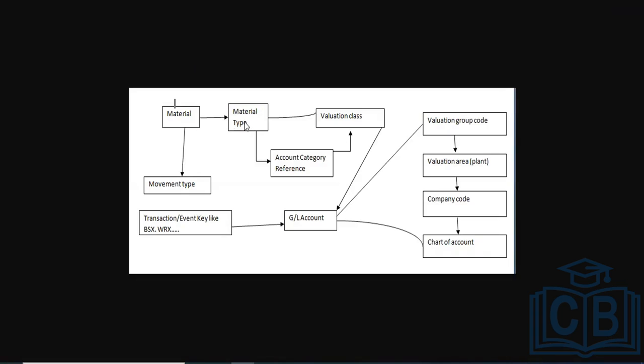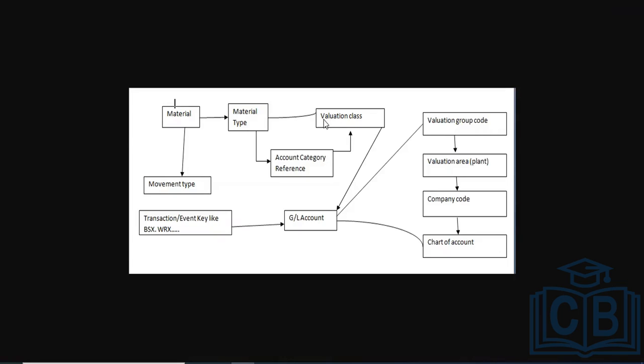Generally, what happens whenever you create a material type? The material type contains an account category reference, and for that account category reference, there will be valuation classes. When you create the material, the valuation class will be triggered. If it is single, only one will automatically come.